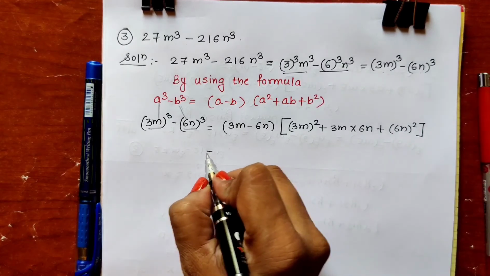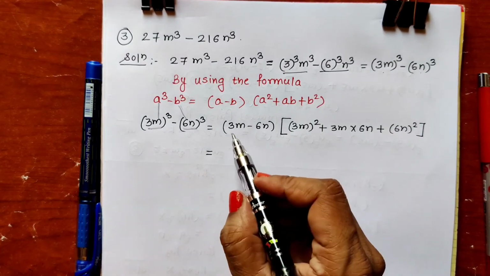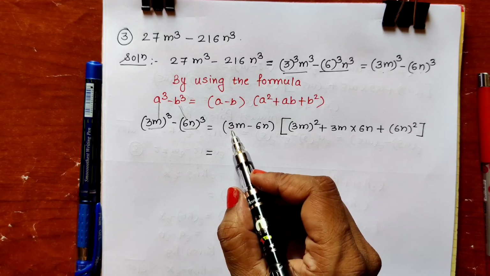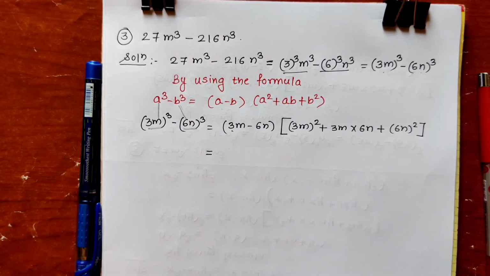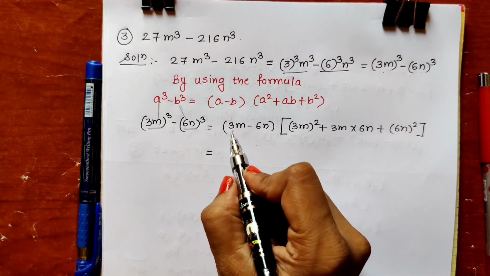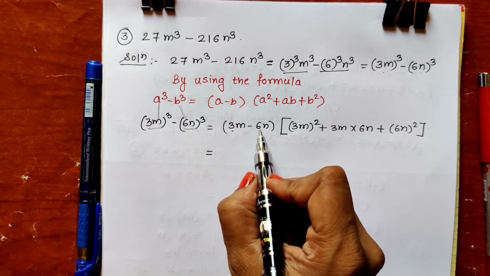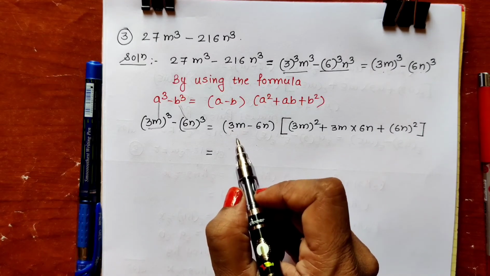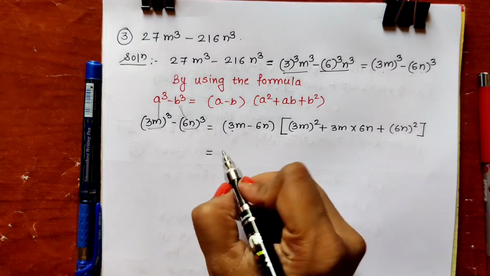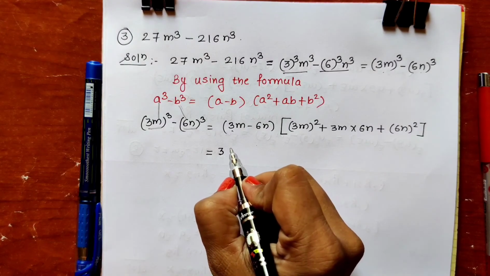Okay, now let us write this bracket again. If you observe the bracket carefully, we can see that from both these terms 3 can be taken out common, because 6 is also divisible by 3. So we have to take out 3 common. Taking out 3 common means what?